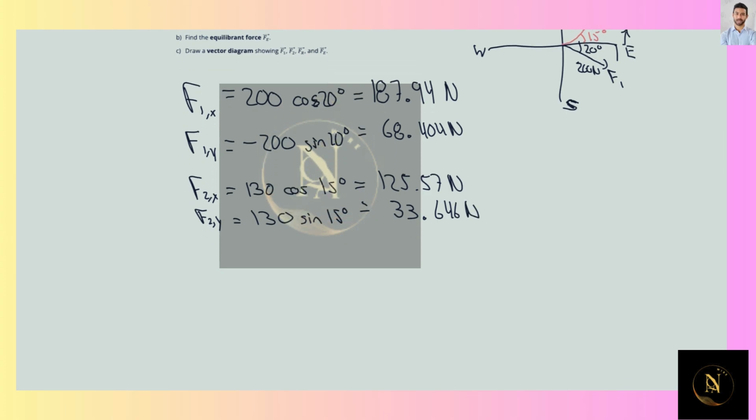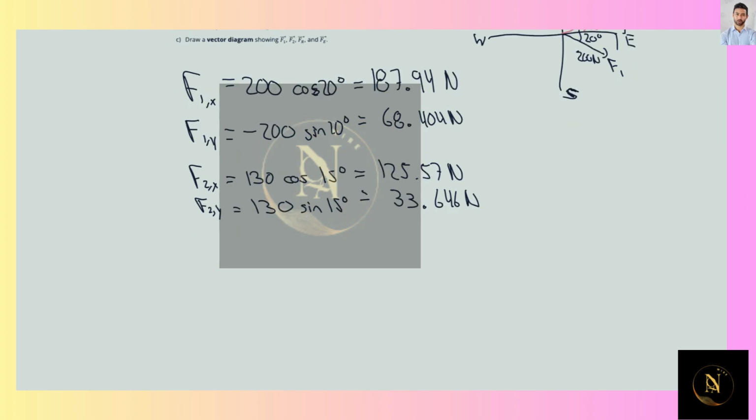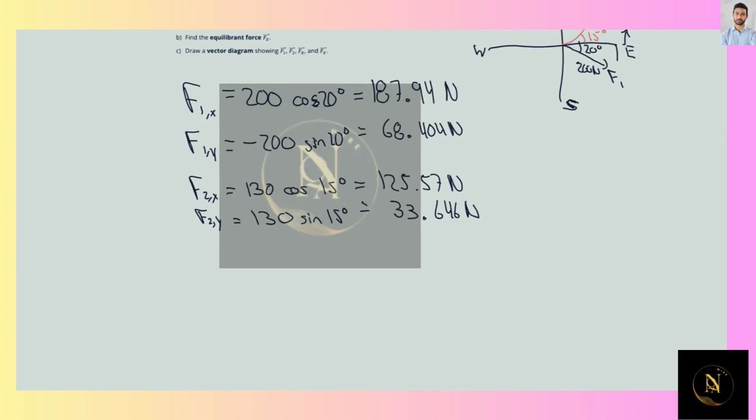With this information, we can plot directly in our graph what is going to be the diagrams for F1 and F2. This is going to make things a little bit easier. Now, what we want to get is the resultant force. The resulting force is going to be the sum of F1 plus F2.